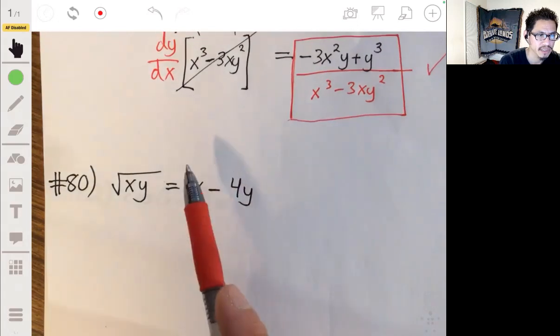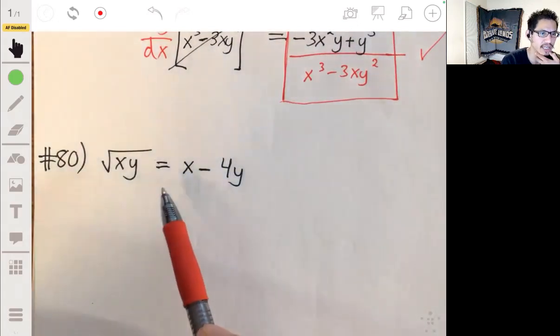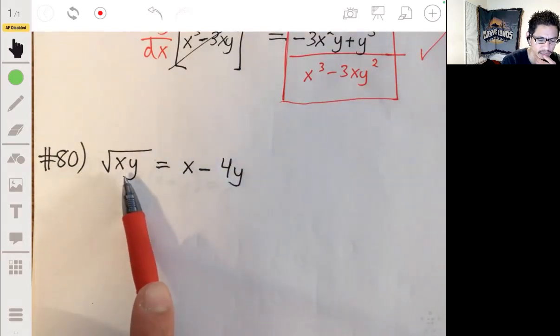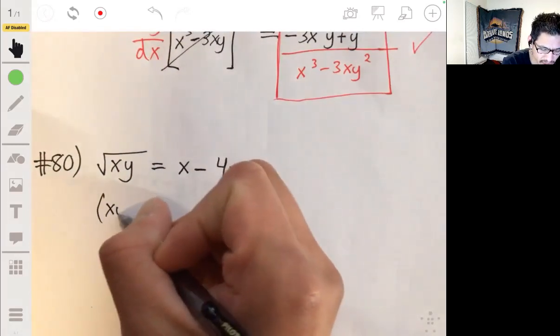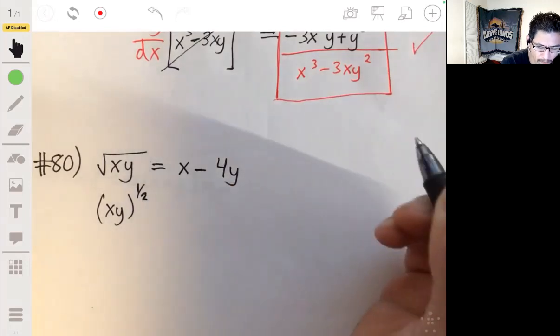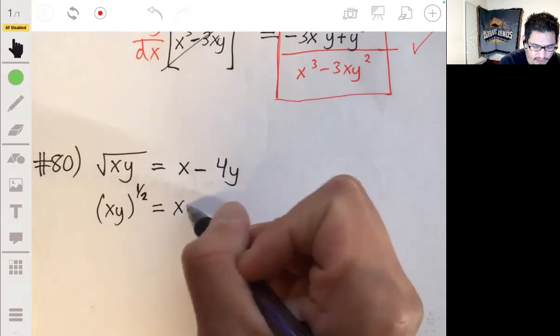All right, next we got the square root of xy is equal to x minus 4y. Okay, so here we're going to use chain rule. So think of this, I like to think of it as xy to the 1/2 power, is equal to x minus 4y.